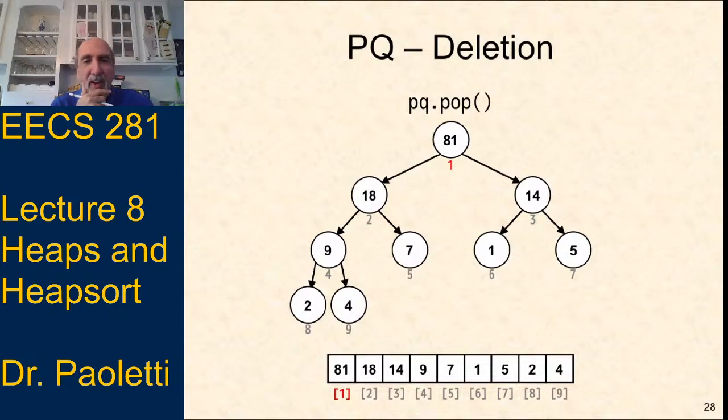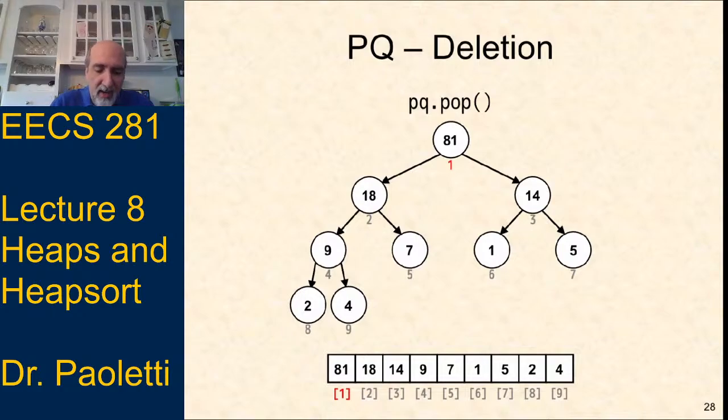I want to get rid of 81. So let's think about the underlying vector. Where is the easiest place to get rid of something in a vector? It's at the back. So I would like to pop back on the vector, but that would get rid of 4, not 81. Aha! Let's replace 81 with the very last node in the tree.